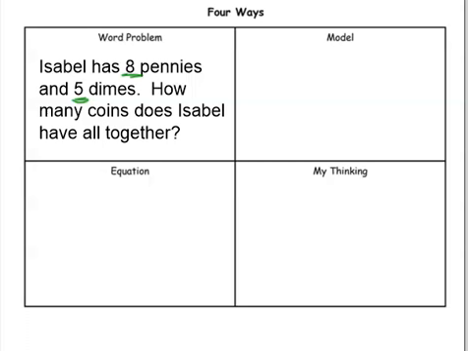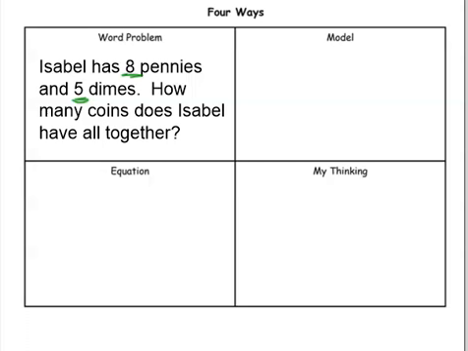So what does the 8 represent? That's right, 8 represents the number of pennies. And what does the 5 represent in our problem? That's right, it represents the number of dimes. So we want to know how many coins does Isabel have altogether?